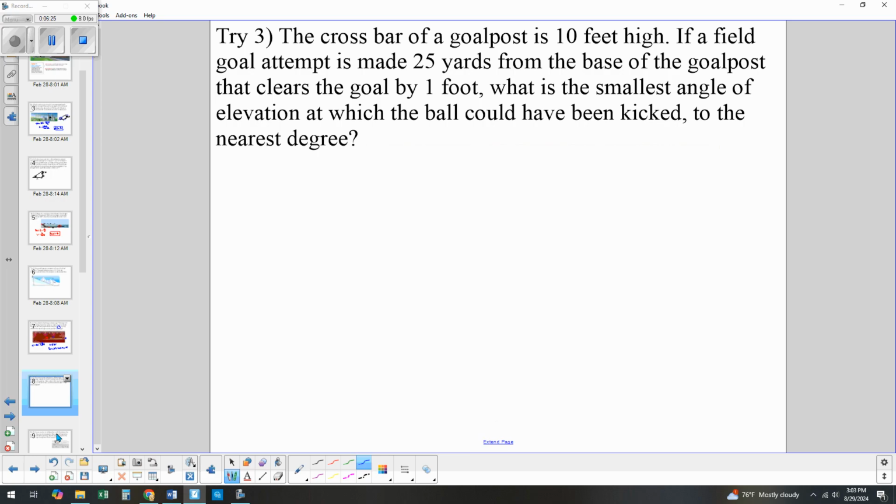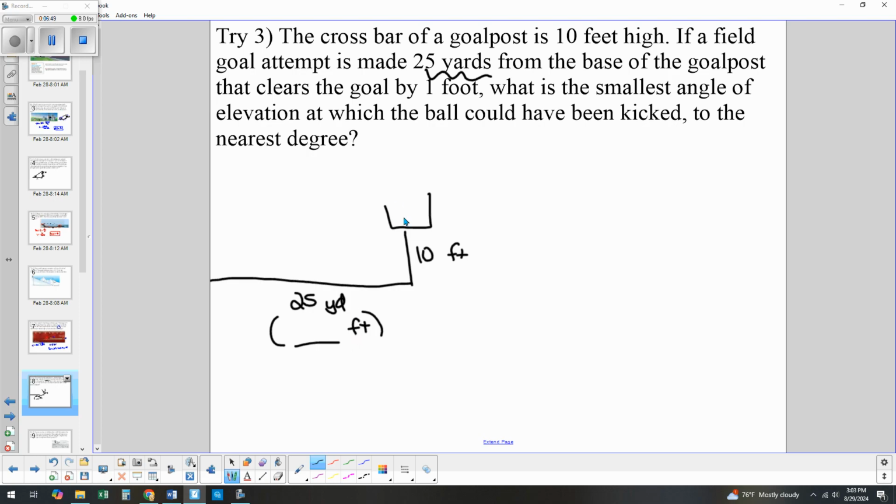So here's try 3. Once again, I will draw the scenario for you, and then you can give it a try. This is another one I recommend trying. The crossbar of a goalpost is 10 feet high. If the field goal attempt is made 25 yards away, this is 10 feet, and this is 25 yards, which is blank feet.